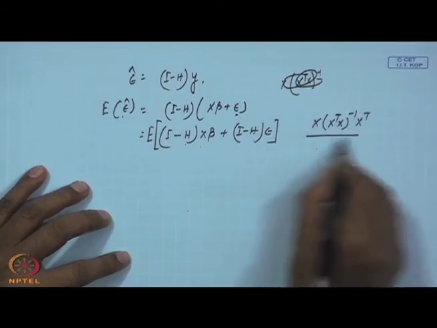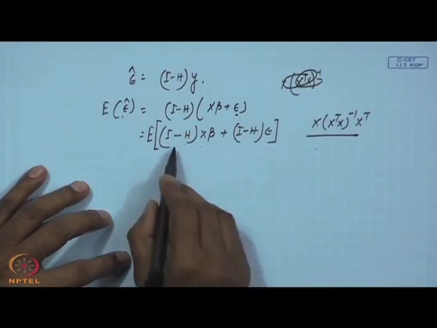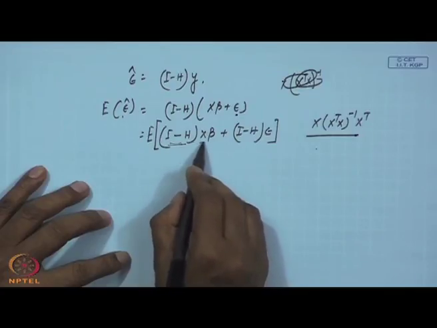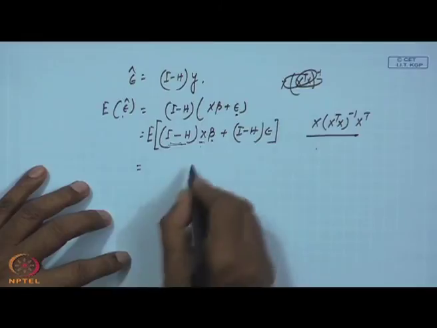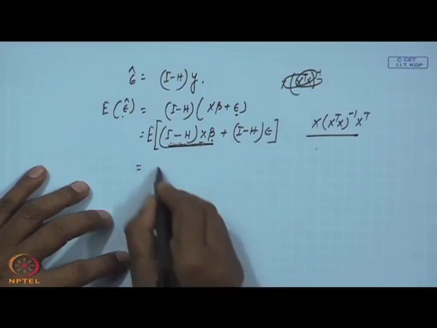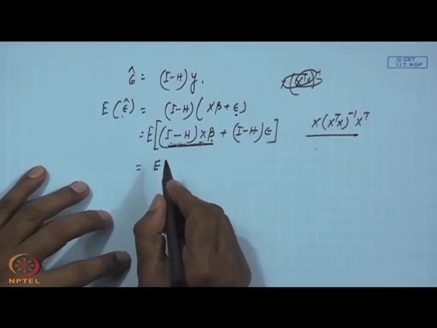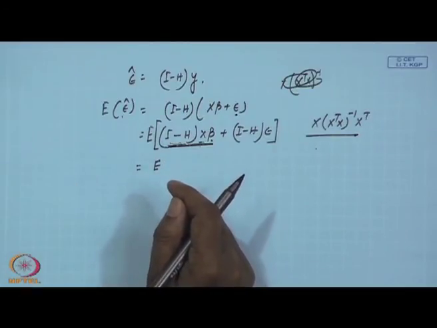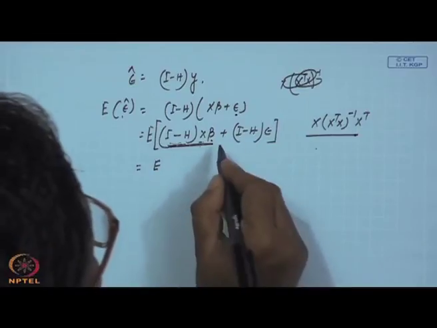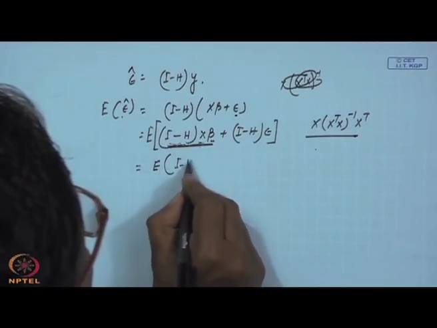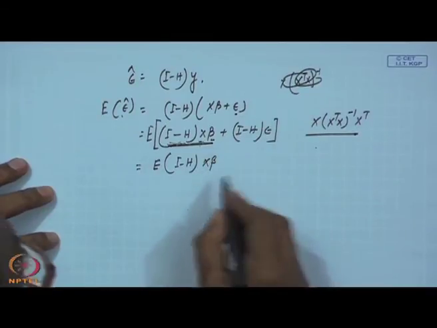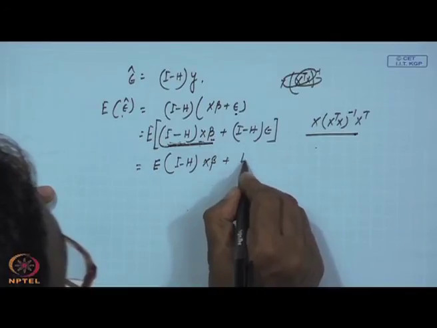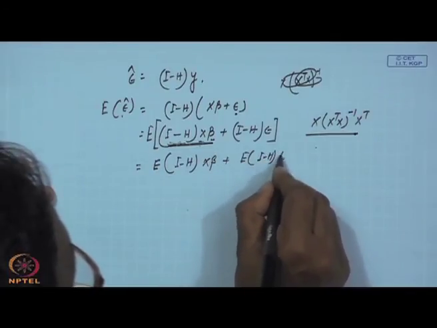These are all fixed values. So, I minus H is fixed, x is also fixed, and beta is constant, correct. So, I can bring it out: the expected value is I minus H x beta, and these are fixed values, plus the expected value of I minus H epsilon.